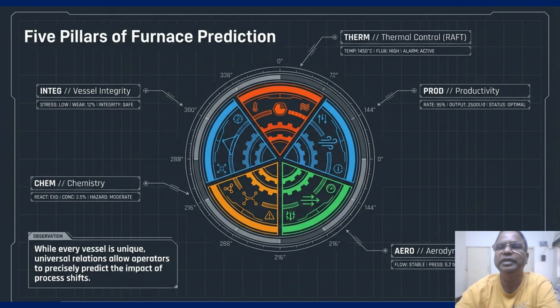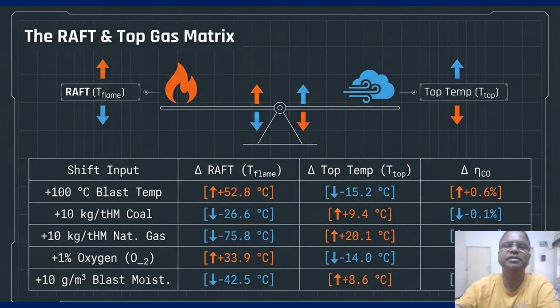The most immediate way to manipulate this pillar is through the blast parameters and their impact on flame temperature. Now the RAFT and top gas matrix, which is the title of our slide. Observe this balance scale. On the left we have the flame representing RAFT, on the right the cloud representing the top gas temperature.